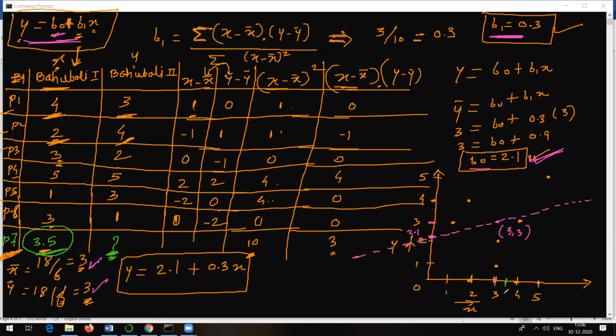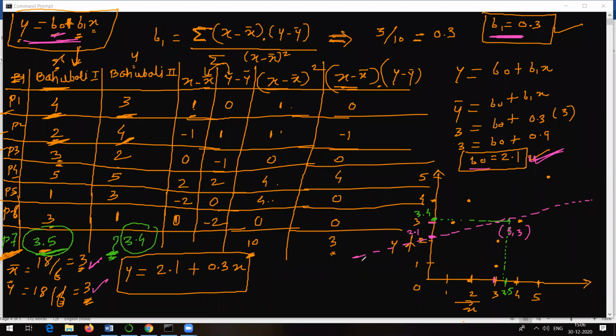So if some person gives the rating as 3.5 here, from this particular line we draw a perpendicular line here and just draw a perpendicular line here. So we will get the corresponding value of y. Suppose this is 3 point maybe 4. So our answer is going to be 3.4. Obviously it is not accurate here. This is just for your understanding purpose.